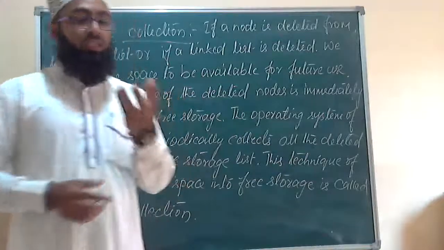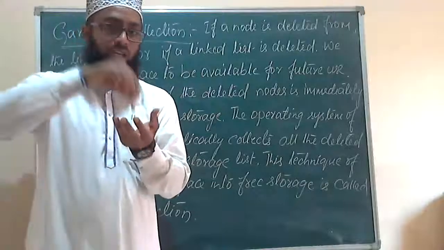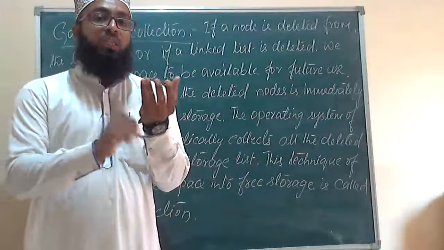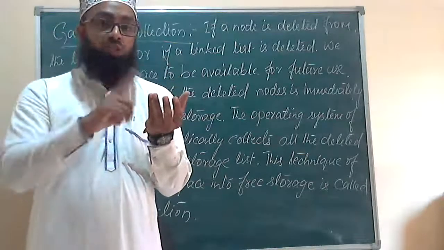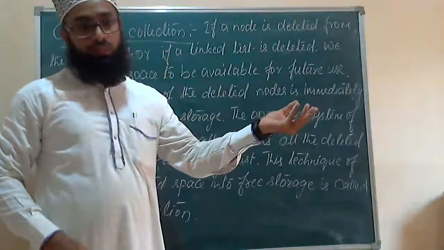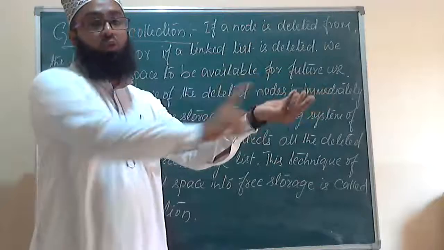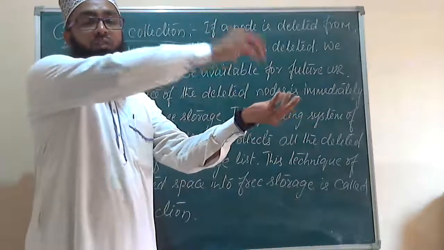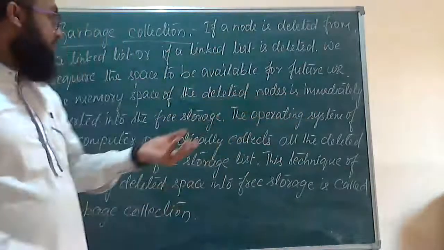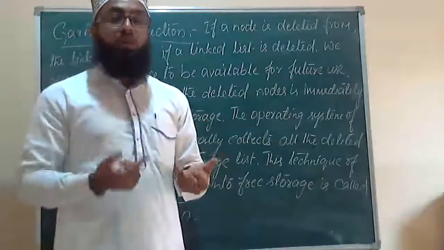Think this is a memory space, it is having a node. Now the node is deleted from the memory space, then this space is available for future use and will be moved to the free storage. It means whatever we want, we can store there. And what will the operating system do?